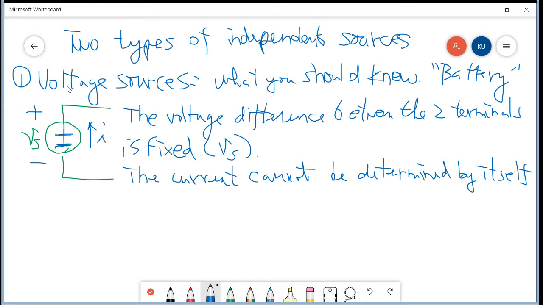Or if it is connected to another voltage source with another polarity, then the current goes inside. So we cannot tell it by itself. The current should be determined by the rest of the circuit.